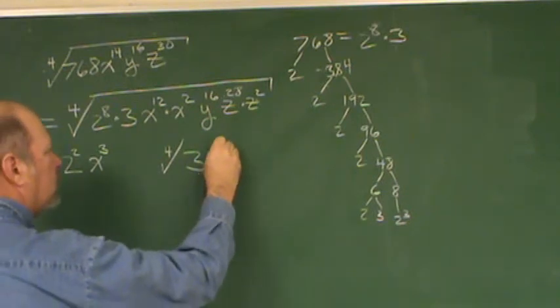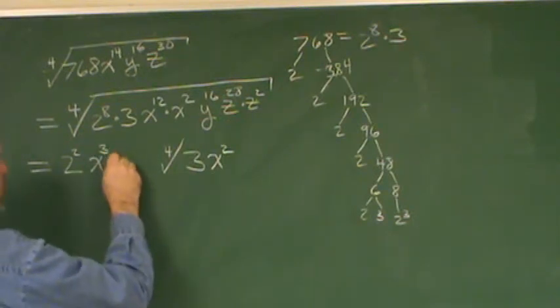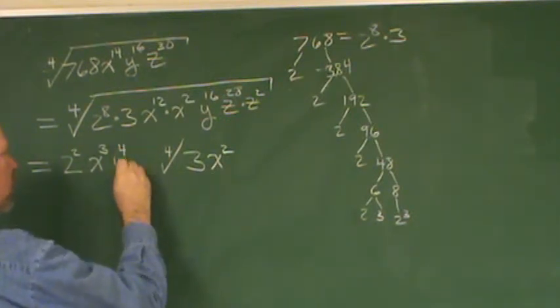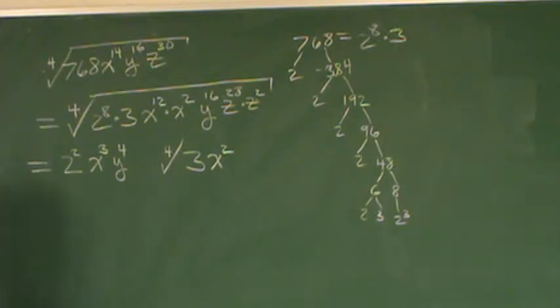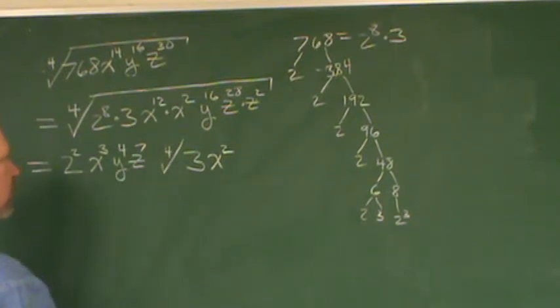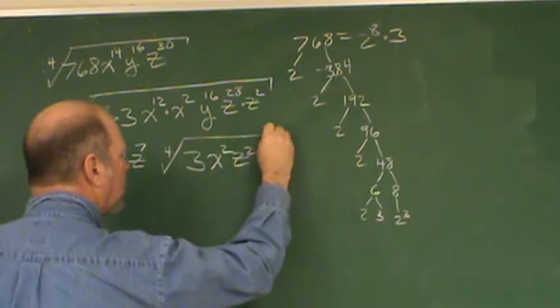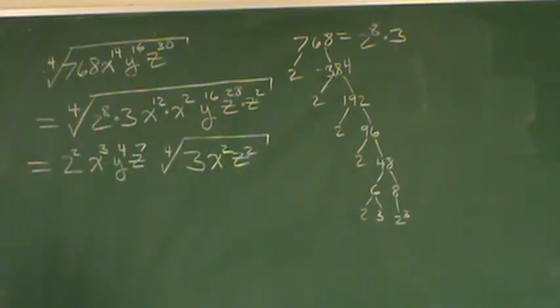X squared is going to stay in. 16. Well, 16 divided by 4 is 4, so y to the 4th comes out. Then I'm looking at z to the 28th. Well, 28 divided by 4 is 7, so z to the 7th comes out. But the z squared stays in. So that is basically my final answer.